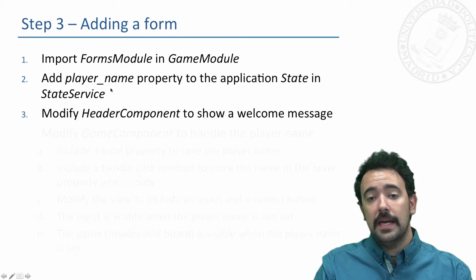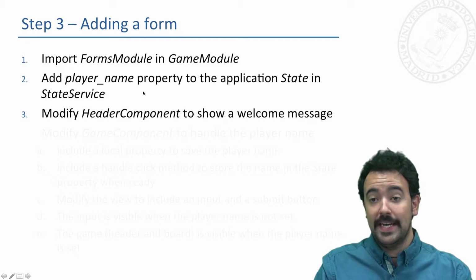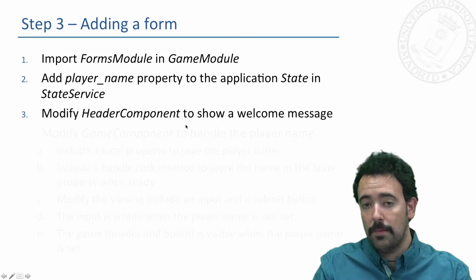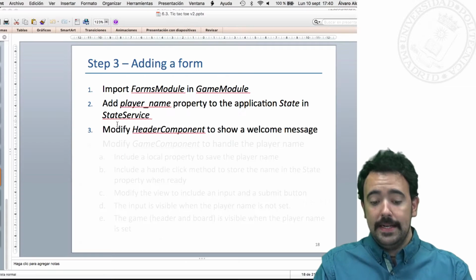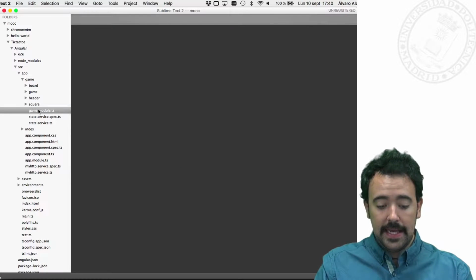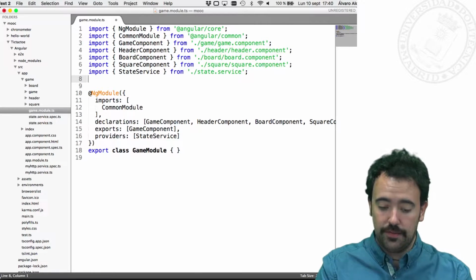Then I will add a new property to the state object in order to save the player name. Then I will modify the header component in order to show the welcome message we have just seen in the example. Okay, so let's modify the game module in order to import the forms module.